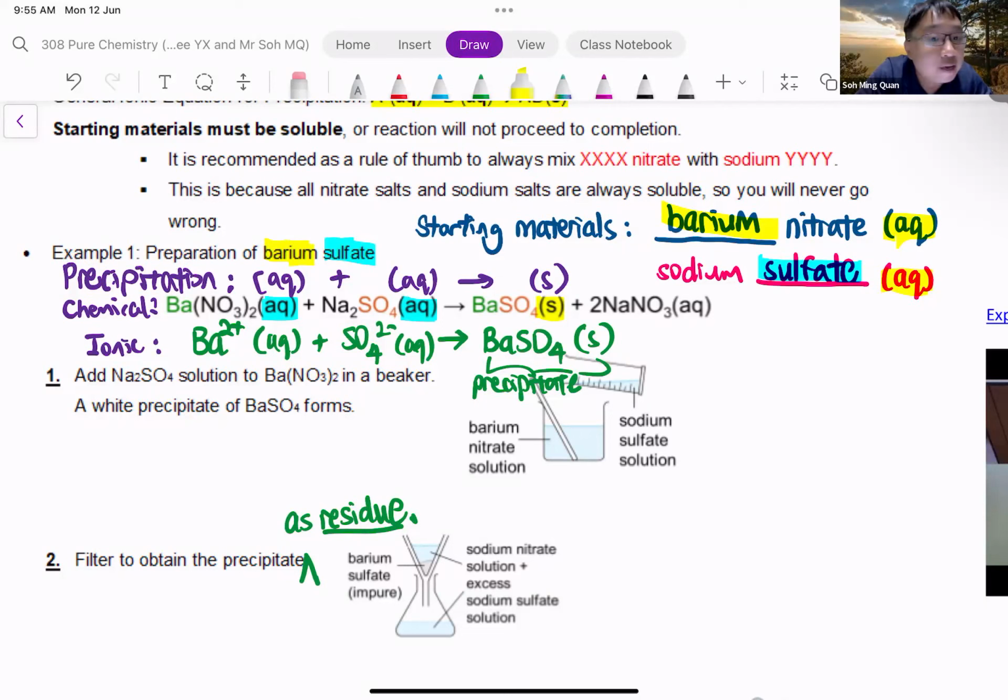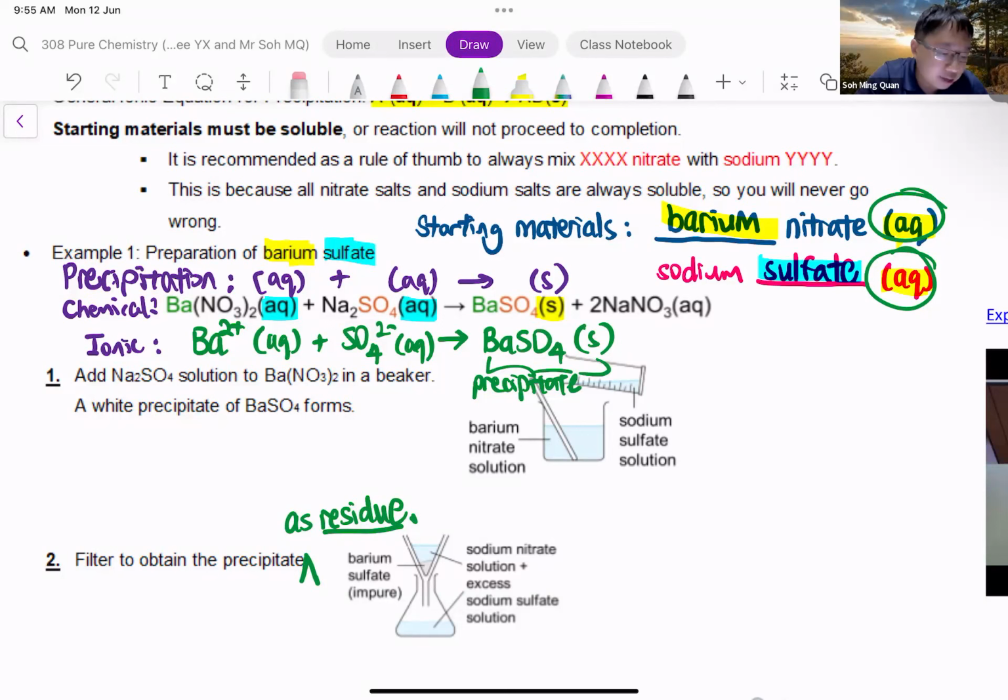Next, whenever you're asked to suggest the starting materials, it is vital that you say aqueous. So just writing barium nitrate, sodium sulfate is insufficient. You will need to specify that it's aqueous or it's a solution. All right, that is what we look out for.